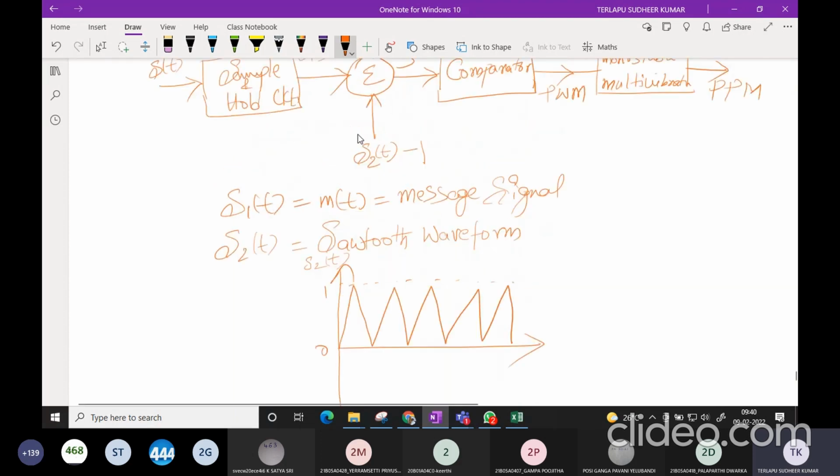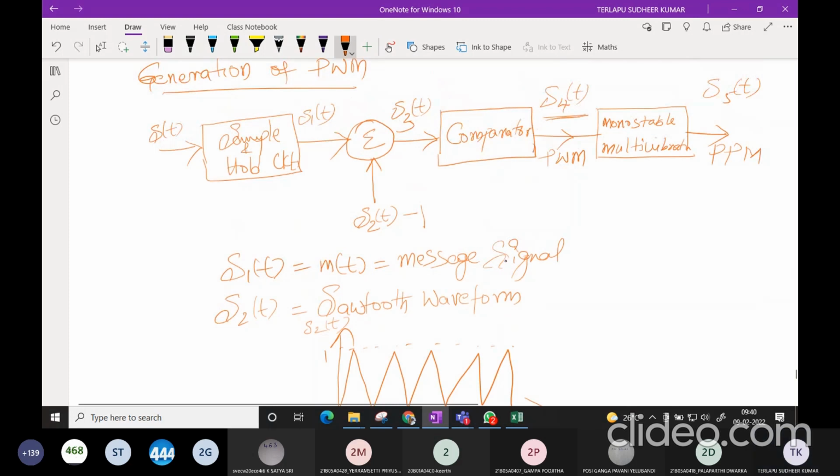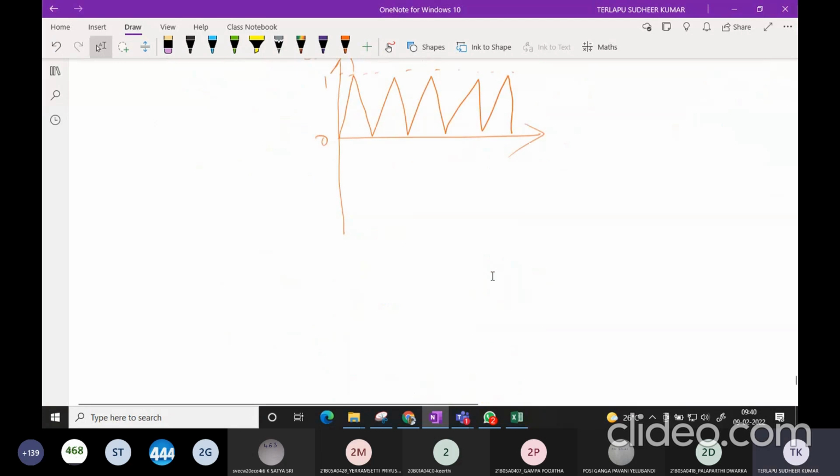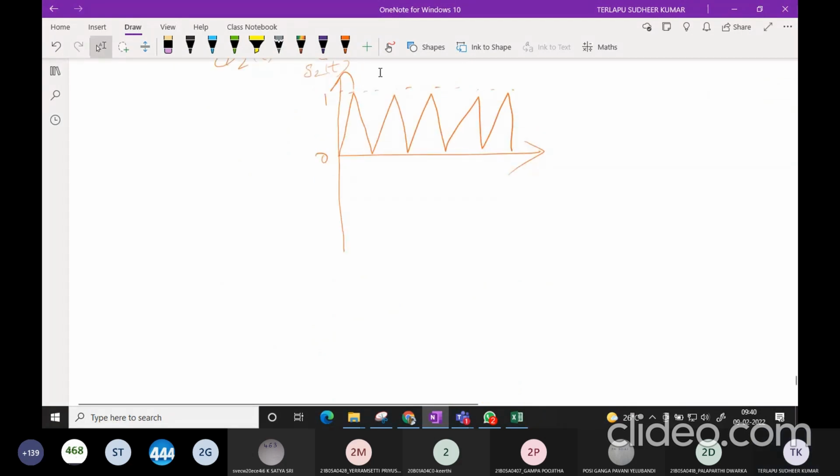But here in the block diagram, what I said is S2 of t minus 1. That means S2 of t minus 1 would be a signal whose DC level is shifted by minus 1. So therefore, it would look something like this.